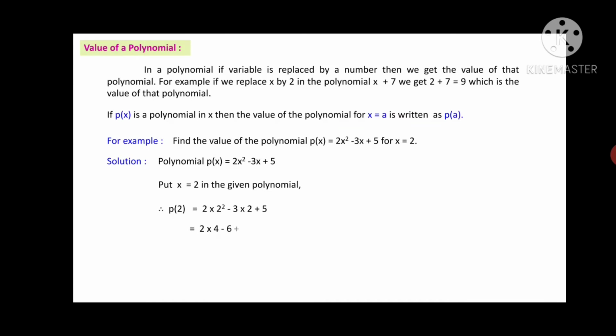Therefore, we get 2 into 2 square is 4, minus 3 2s are 6, plus 5. Here you will get 8 minus 6 plus 5. Therefore, you will get 7. So friends, let us write the solution as p of 2 is equal to 7.